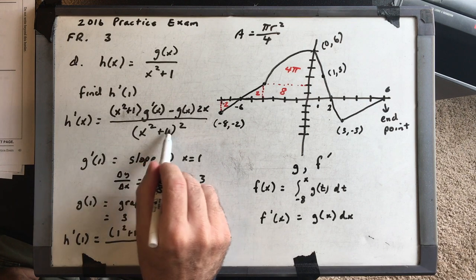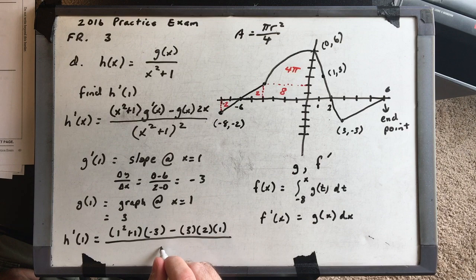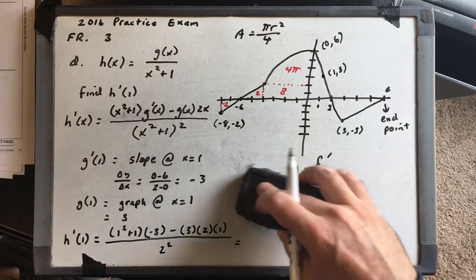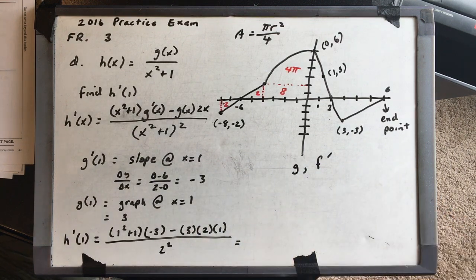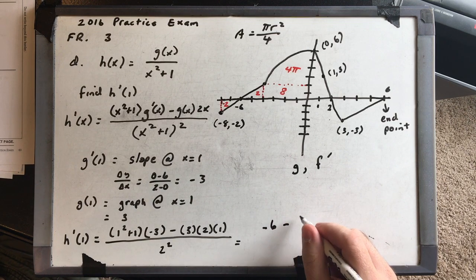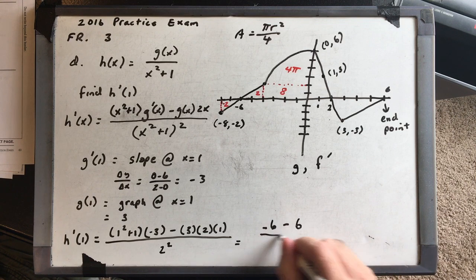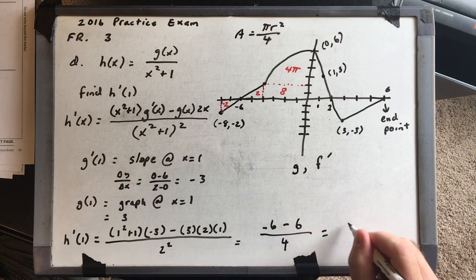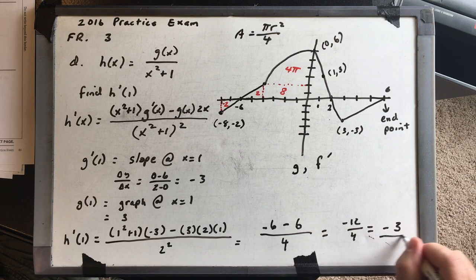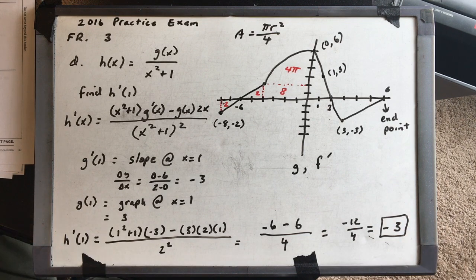All right, so this right here squared, so that's going to be 2 squared. Okay, so that's going to be negative 6 minus 6 over 4, negative 12 over 4, negative 3. And that is the correct answer.